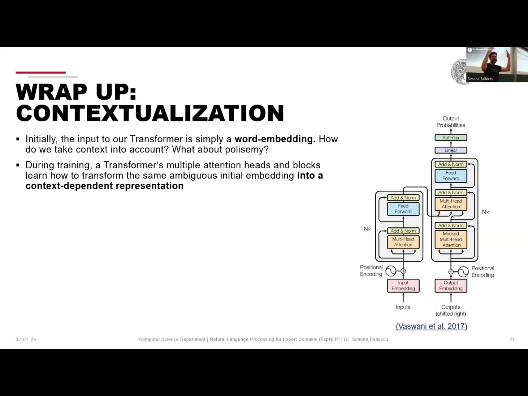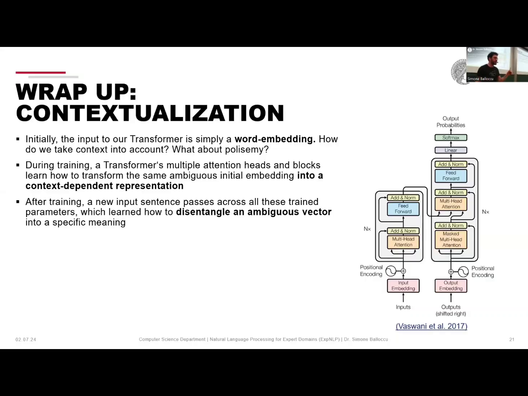Then you pass to another encoder, so you do this again and again and again. And after training, when you're just running the inference, the sentence passes across all these parameters. They learn how to disentangle and contextualize it, because they learned it from a lot of sentences from a pre-training corpus, let's say Wikipedia.